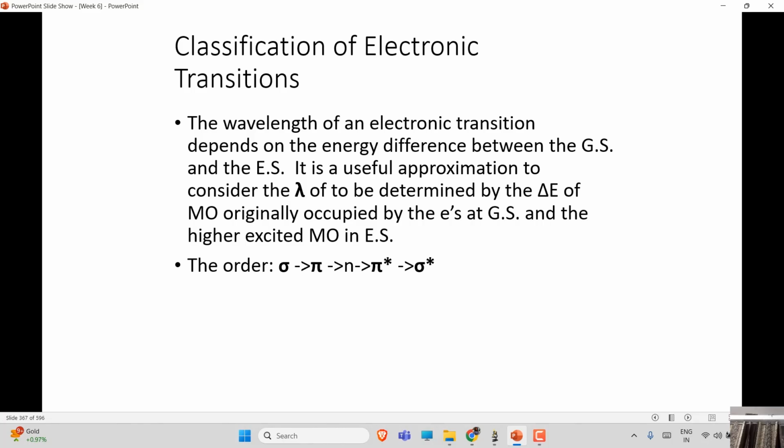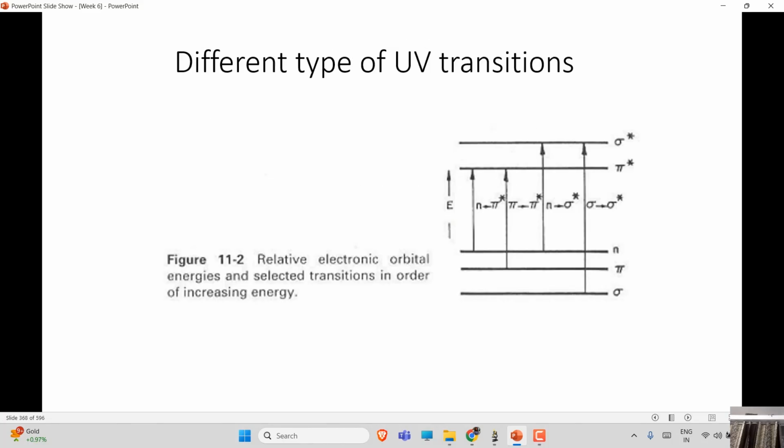So the order here is sigma, pi, n, pi star and sigma star. If we talk about the different types of UV transitions, relative electronic orbital energies and selected transitions in order of increasing energy, you can see in the diagram over here.